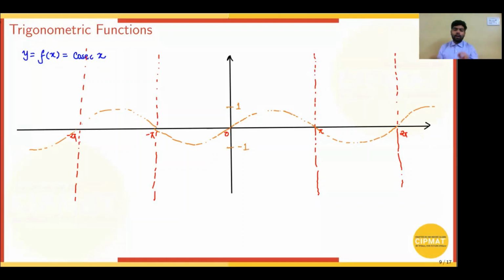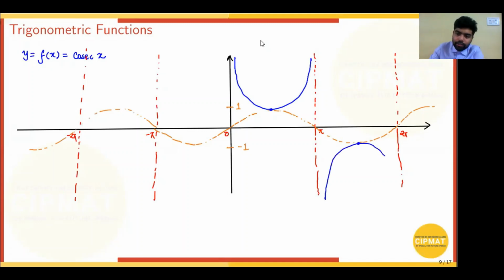Now how to draw the graph of cosec x? If I draw it, you will see that it's so easy to remember. You start from here, from 1, and you go like this, and you go like this. You can view this as a reflection of the graph of y equals sine x. Again, you can start from here, you go like this.